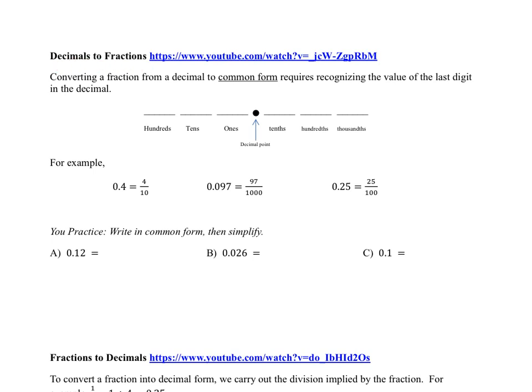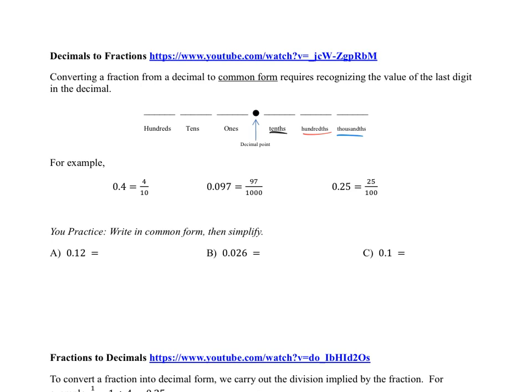Decimals to fractions. So if we're going to convert decimals to fractions, we need to be able to recognize the value of the last digit in the decimals. So that is being able to identify whether you are working with tenths or hundredths or thousandths.